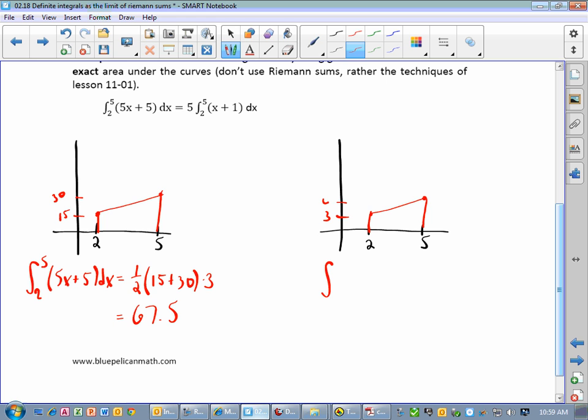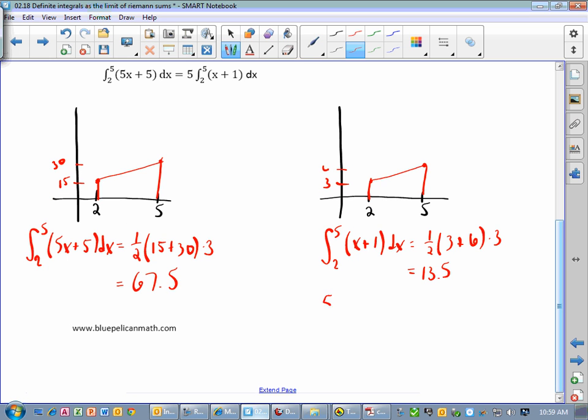So the integral from 2 to 5 of x plus 1, we have 1/2 times base 1 would be 3, base 2 would be 6, times the height of 3. And so we get 9, 27 cut in half, 13.5.